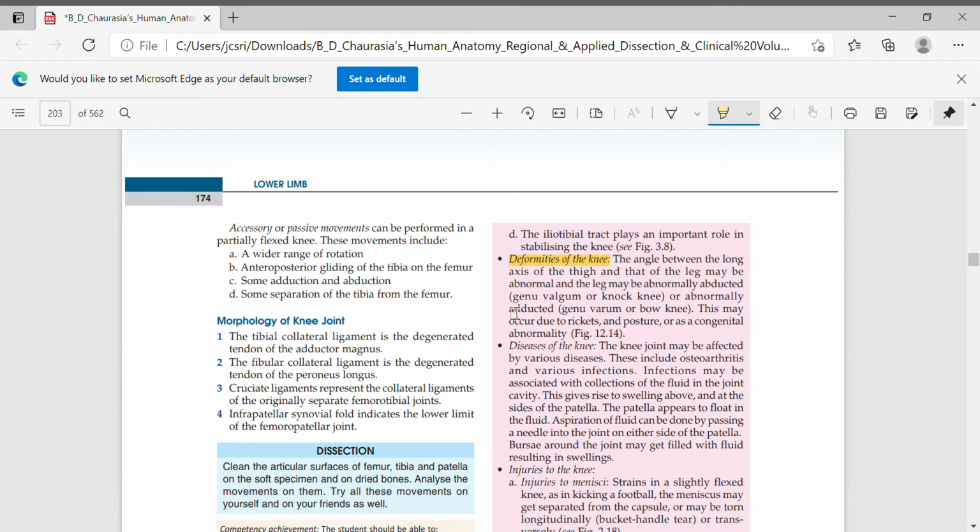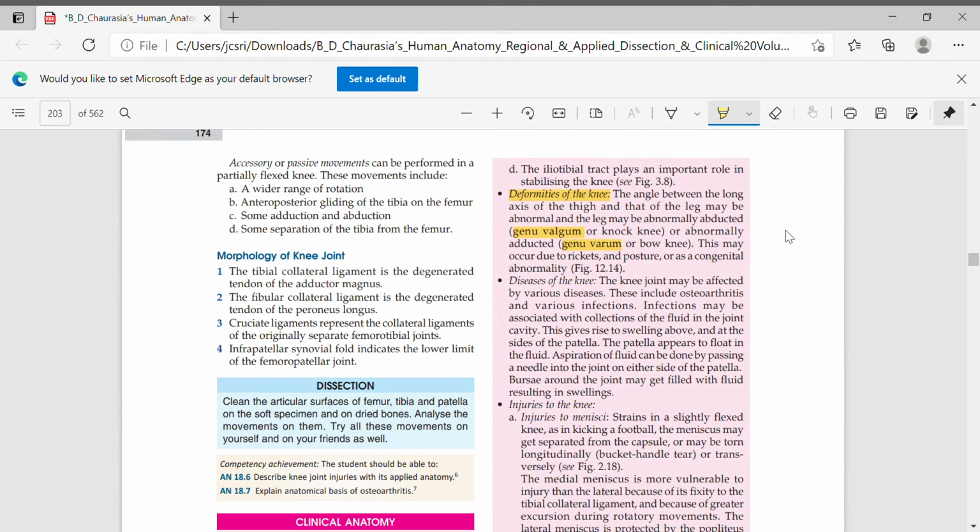We have genu varum, genu valgum, and another one, genu recurvatum.